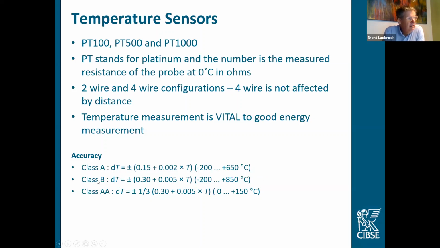And as an example, no matter how accurate your flow sensor is, if you went down and bought 2 Class B temperature probes from your temperature probe shop and they were unpaired and unmatched, and your delta temperature was 5 degrees, not uncommon in a cooling application, then your potential error from your temperature sensors alone is somewhere in the order of 15 to 16%.